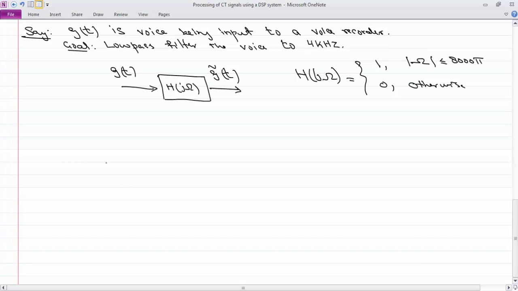Now, to answer these kinds of problems, we'll first ignore the anti-aliasing filter. Our first derivation, which will relate the continuous time systems to DSP systems, will say that ignore anti-aliasing filter for the time being.